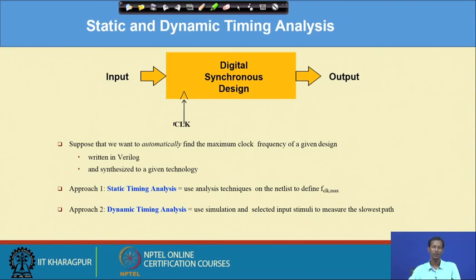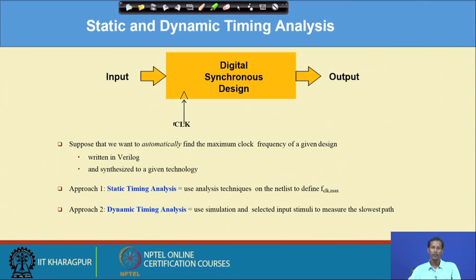To find out this f clock. In this system, f clock is the clock connected to each of the sequential elements present within this digital synchronous design. So, what will be the maximum achievable clock frequency for this design? You are only able to know that by doing timing analysis.